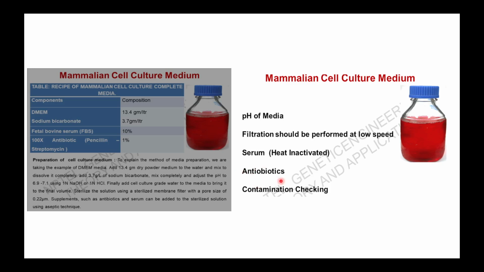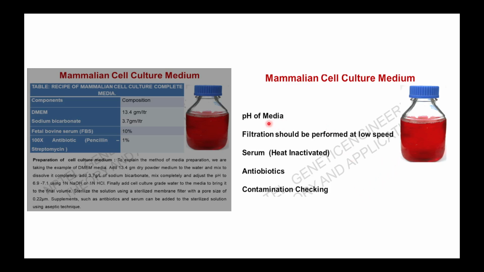Then antibiotics are used to select for whatever cells are required to be grown, and to suppress or kill the growth of any other unwanted cells in the medium. And contamination checking can be done, since usually the cell culture medium has phenol red dye as an indicator of pH change.